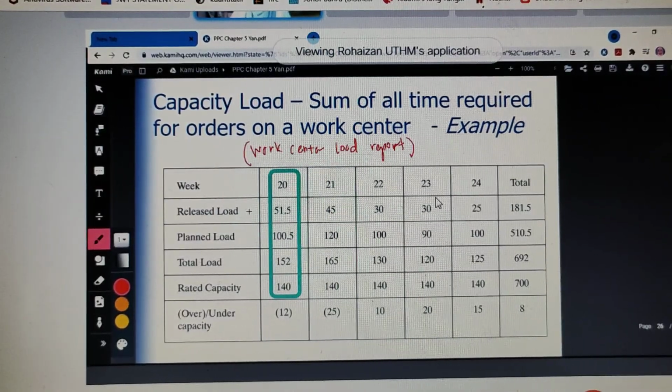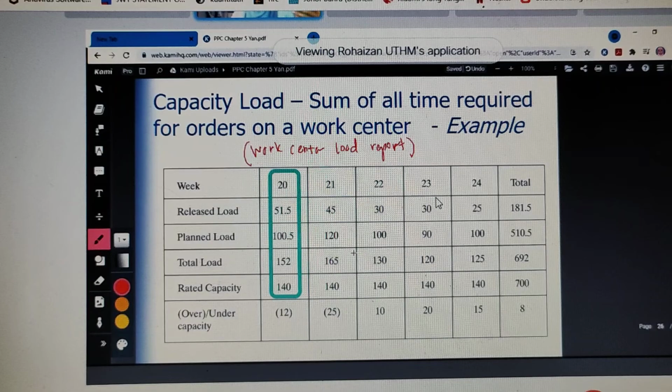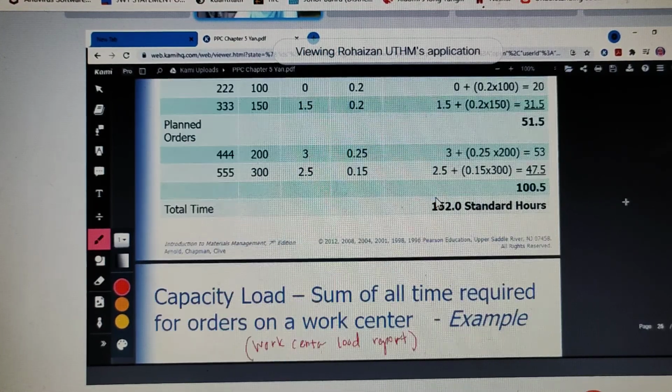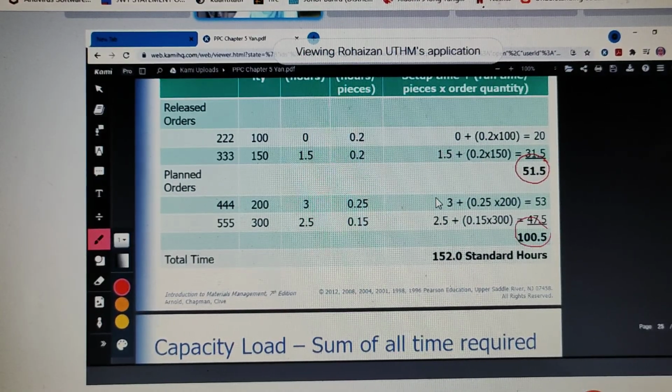So if the question asks you what to do, towards the end, to compare whether our available capacity and requirement are balanced or not is done in the work center load report. Here is the example given before. We are in week 20. Here, release load is 51.5, and our planned load, planned orders, is 100.5.